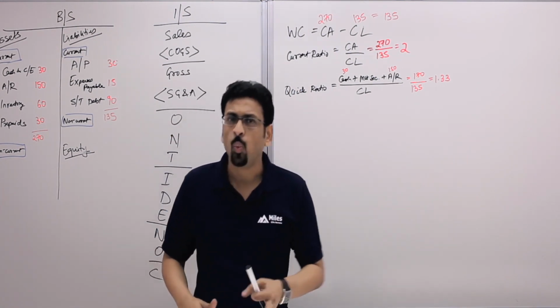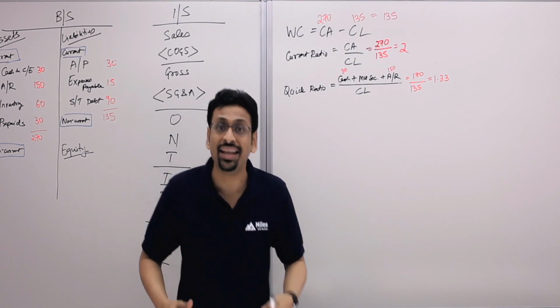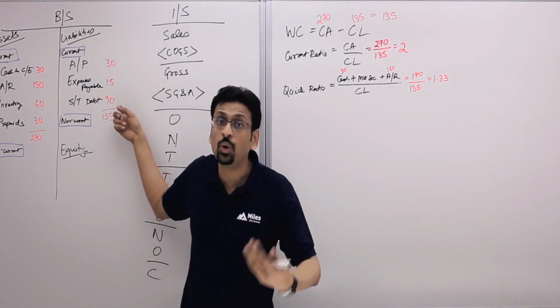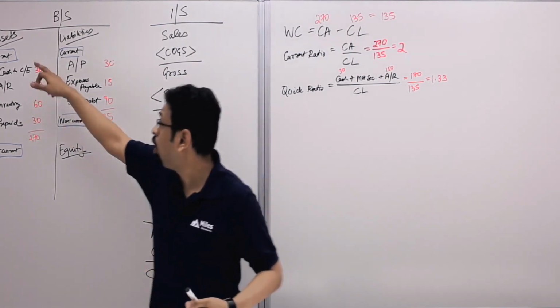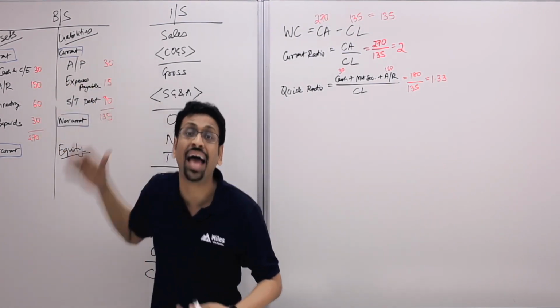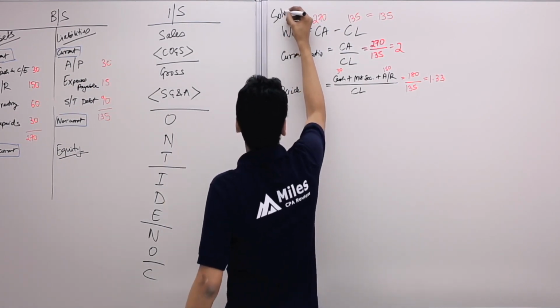So if you want to check whether the business has enough cash to pay its debts as they come due, current liabilities, they are going to become due in the next 1 year. Does the business have enough cash or will be able to generate enough cash to pay these liabilities as they come due? So these are solvency ratios.